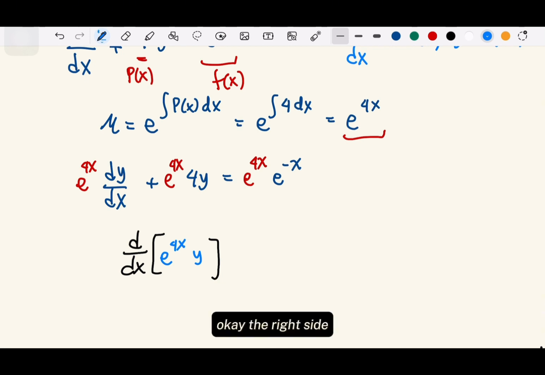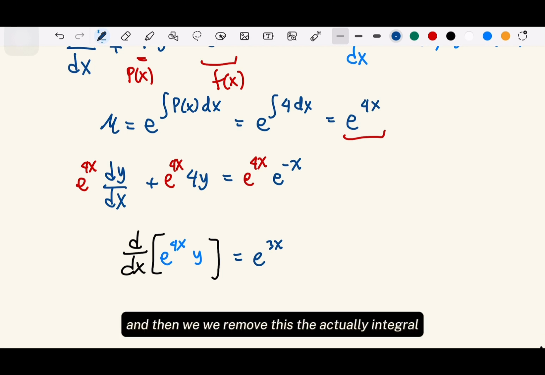Okay, the right side is just, we take this and we have e to the power of 3x. And then we remove the d/dx with an integral.